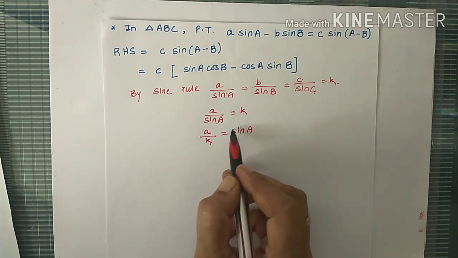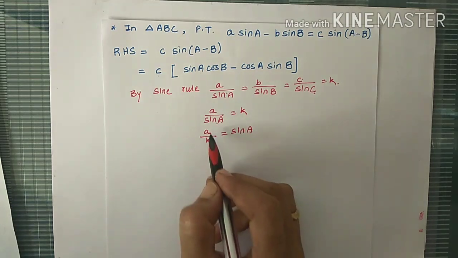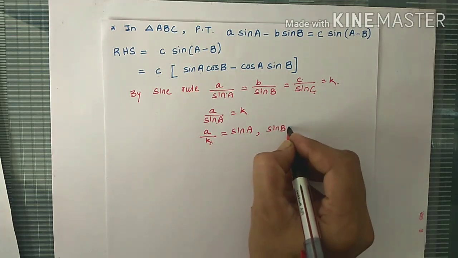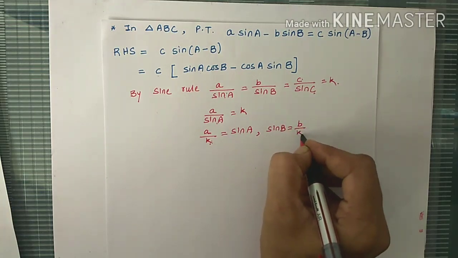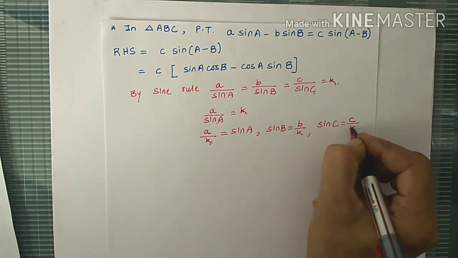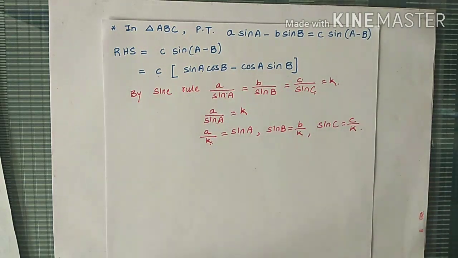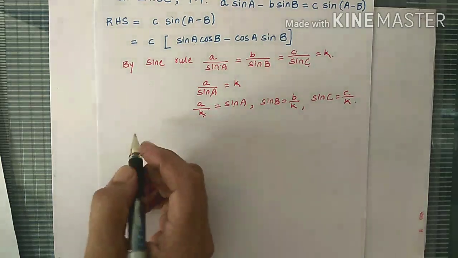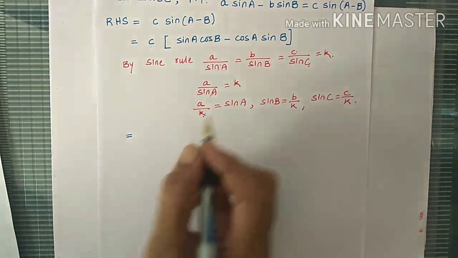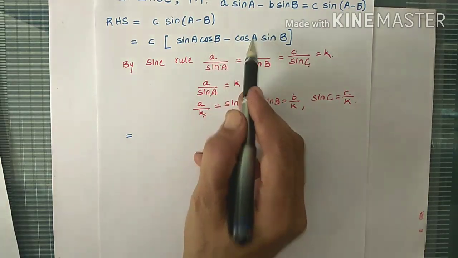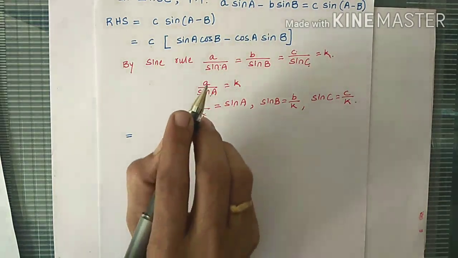Similarly, we can write sin B as b upon k and sin C as c upon k. So let's substitute for values of sin A, sin B and sin C. Similarly, we are using cosine rule, that means for cos B and cos A, we have formulas. So let's substitute those formulas.